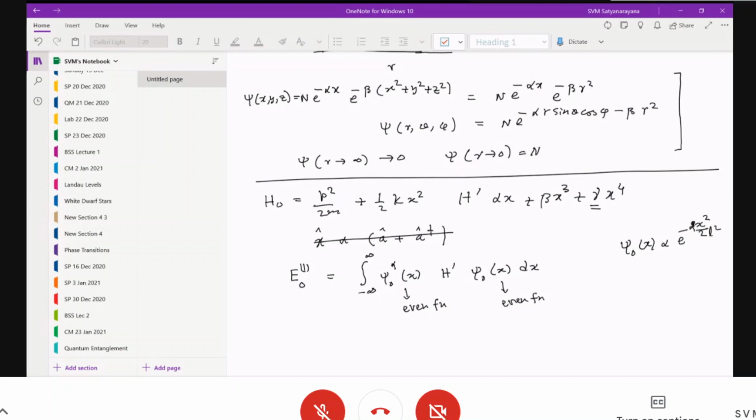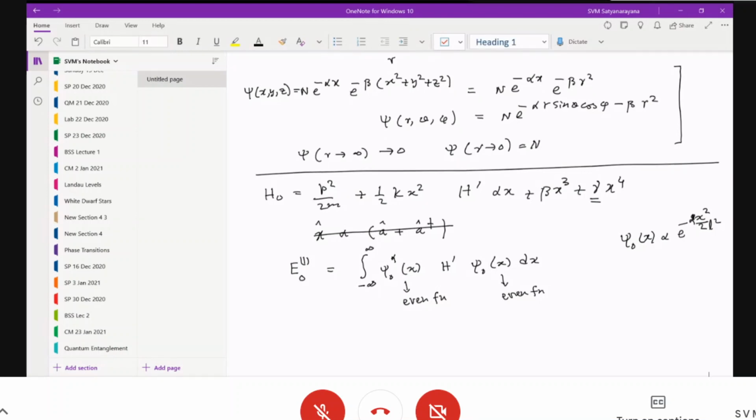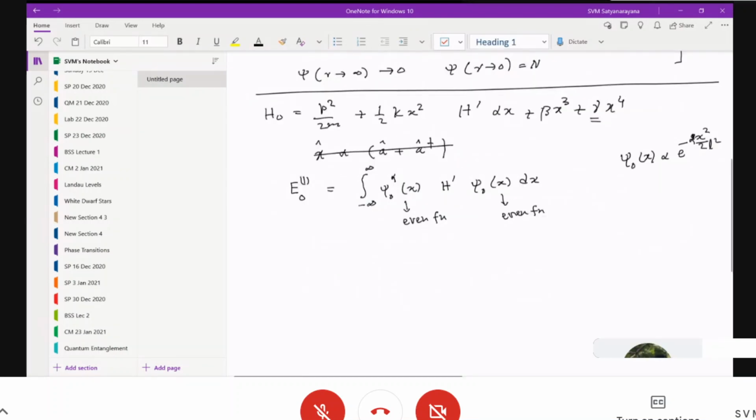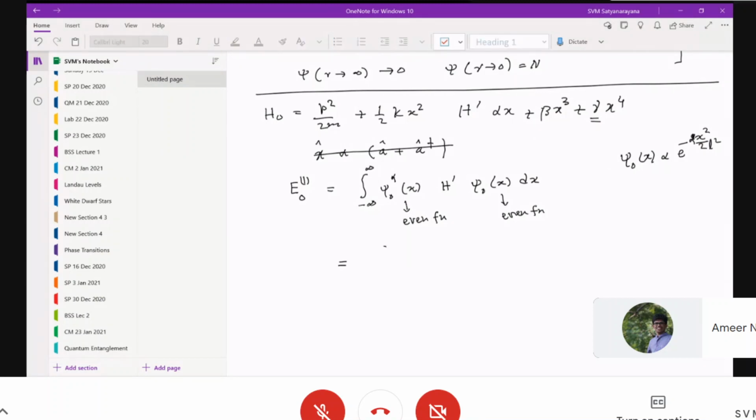So those terms which are odd functions of x will make this entire integral odd. You follow that, no? See, what I am saying is, this is nothing but the integral from minus infinity to infinity of modulus psi 0 of x square into h prime, correct?